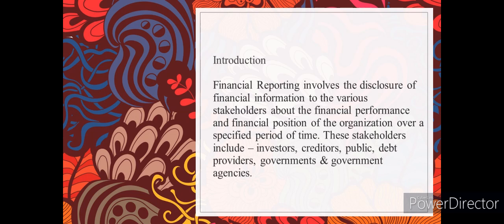So basically, financial reporting involves the disclosure of financial information to the various stakeholders about the financial performance and financial position of the organization over a specified period of time. These stakeholders include investors, creditors, public, debt providers, government, and government agencies.